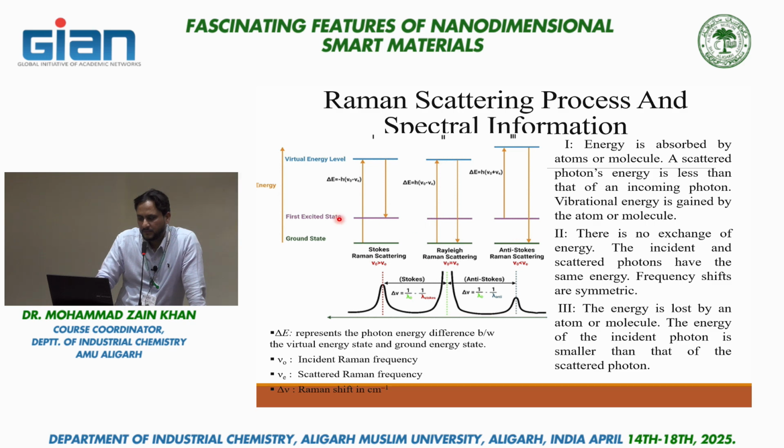While in case of the other two, at the corners, we have Raman scattering on both sides. One is the Stokes line, the other is the anti-Stokes line, and you can see the distance when it is going up, when it is being absorbed, is high. So energy absorption is high, more energy is being absorbed by the incident photon, while the scattered photon has lesser energy. While in case of the anti-Stokes line, it is the opposite. When it is released, when it is scattered, it has more energy than the incident photon.